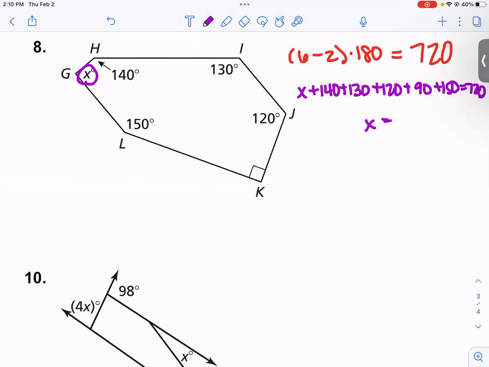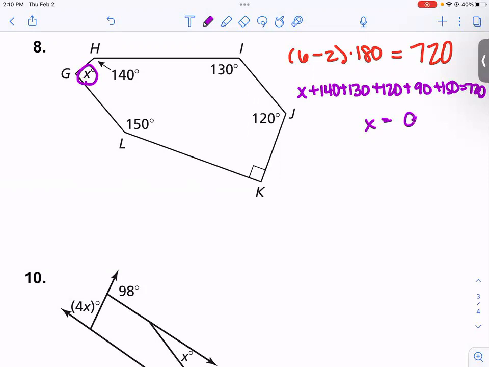X is not 180, I can tell you that. 190? What did I tell you, Jack? I missed that right angle. Should be 90.